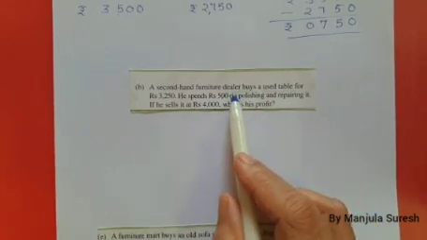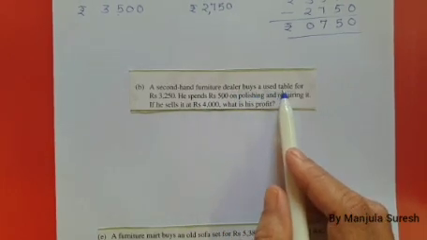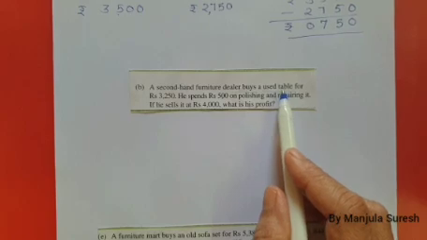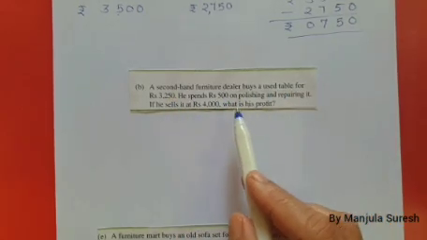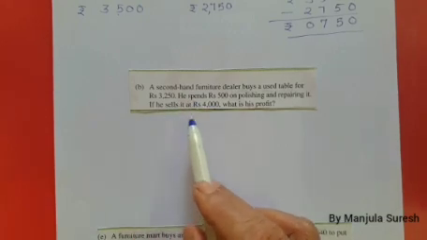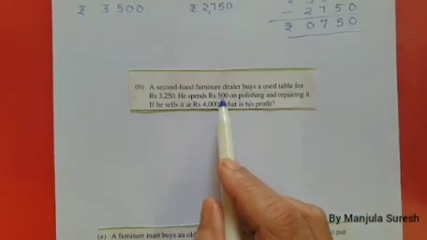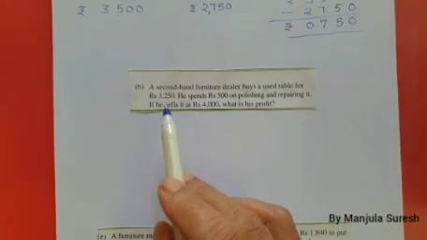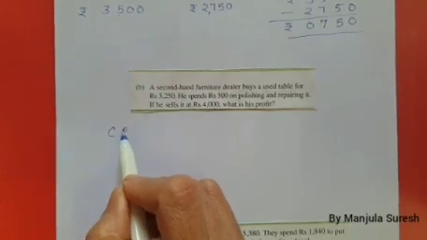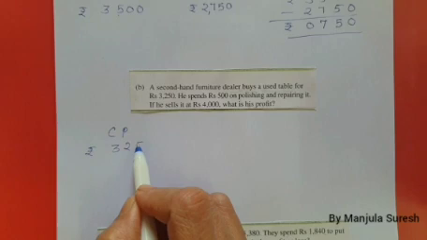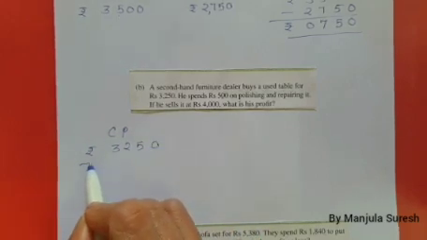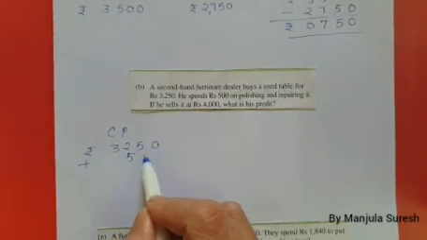So this dealer is buying a used table, an old table, for this much, and he is spending 500 on polishing and repairing. So it will become like a new table. So he is spending extra amount on this table. So his cost price will be rupees 3,250 plus rupees 500.